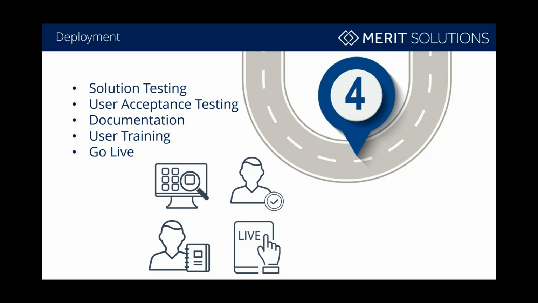You're certainly going to do some user acceptance testing, getting more engagement and buy-in from the users. You'll need to do some training, step-by-step instructions, and again, these task guides in the new D365 model are going to help with that. You'll need to go through go-live readiness, and then ultimately the go-live.